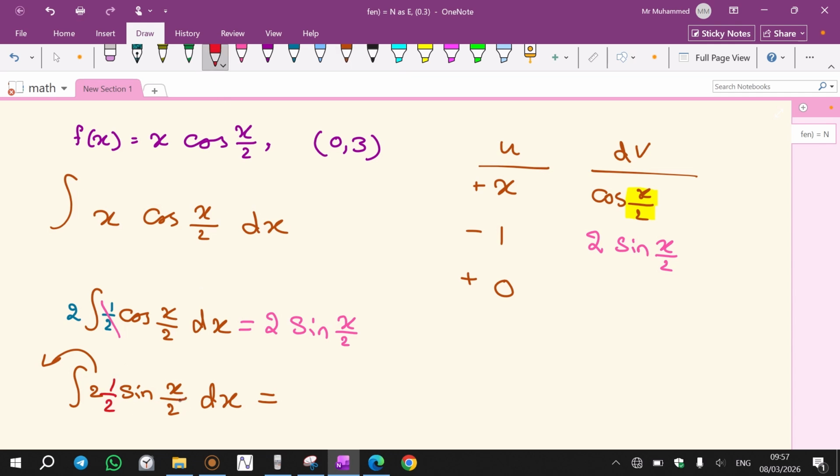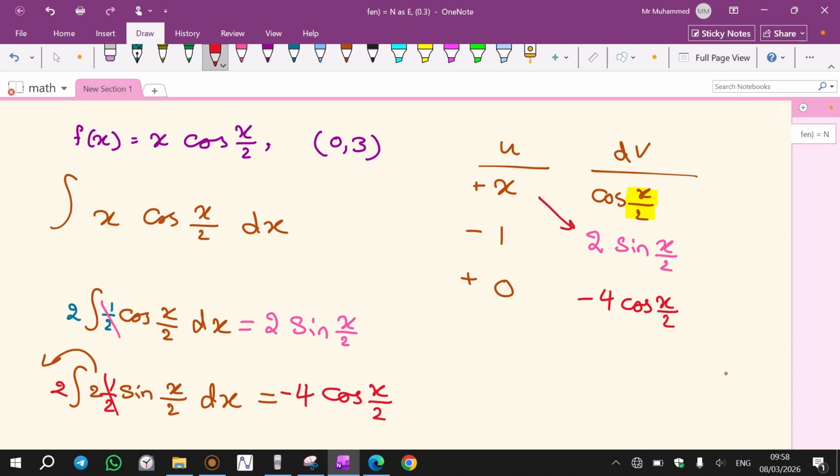The derivative of inside is 1 over 2, so I have to write 2 outside to keep the balance, and there's already another 2. 2 times 2 will be 4 together. The result is 4. The derivative of inside gets cancelled. The integral of sine will be negative cosine. Right here, negative 4 cosine x over 2.